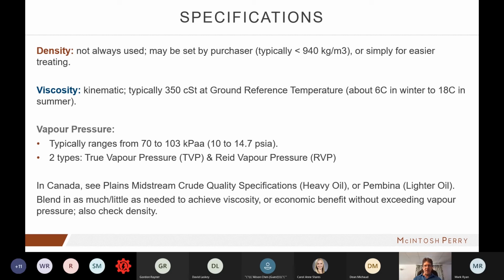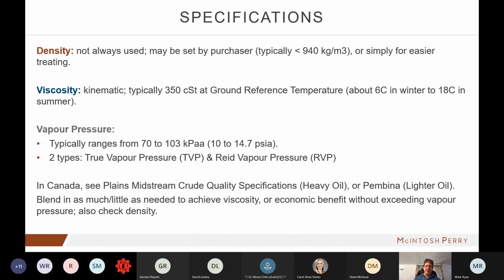Another specification is viscosity, and it's often specified as kinematic rather than dynamic. And again, for heavy oil specifications, a typical number is less than or equal to 350 centistokes at something called ground reference temperature.